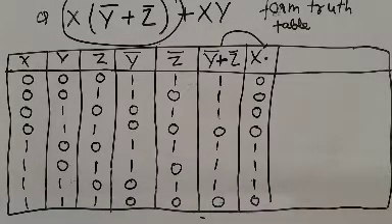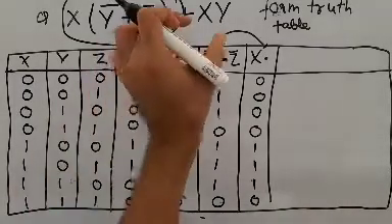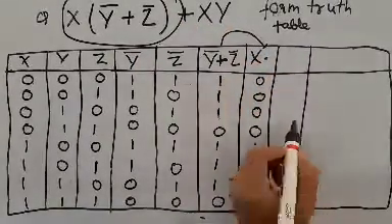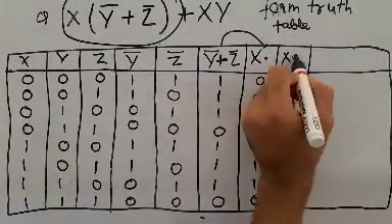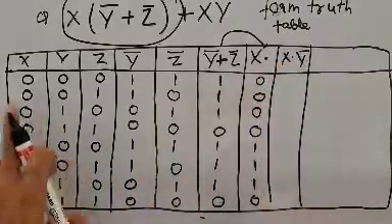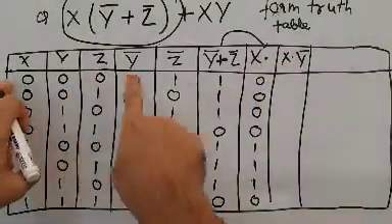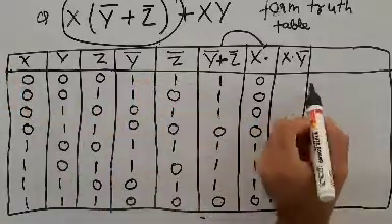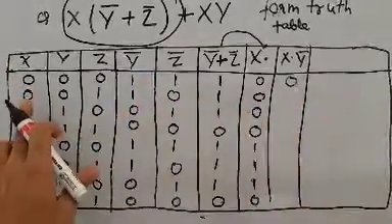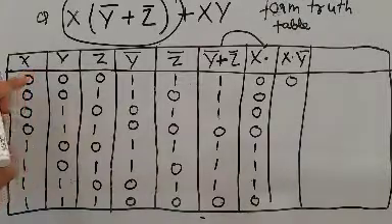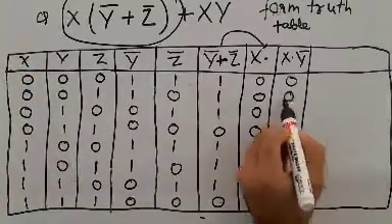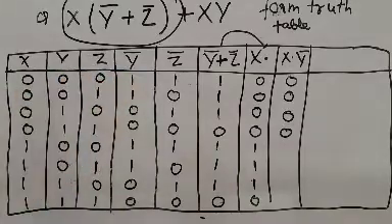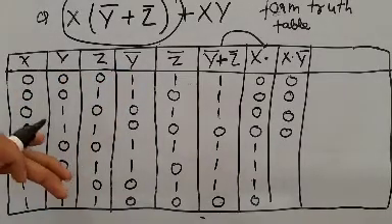Is that clear, students? Now you have to individually take the x into y condition, x into y not. So x into y not here. Multiply 0 and 1, 0, 0 into 1, the first 4 will be 0, 0, 0, 0, because when you multiply 0 with any kind of thing, it will automatically turn out to be 0.